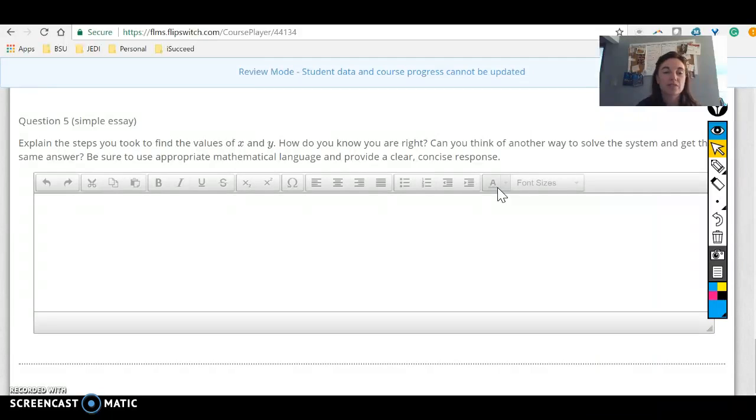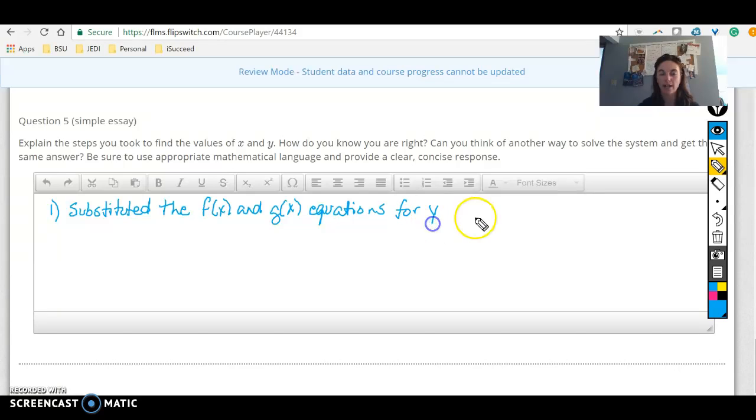Last question here is a typing one. Explain the steps you took to find the values of x and y. How do you know you are right? Can you think of another way to solve this system and get the same answer? Let's take these one at a time. One, we substituted the f of x and g of x equations for y.